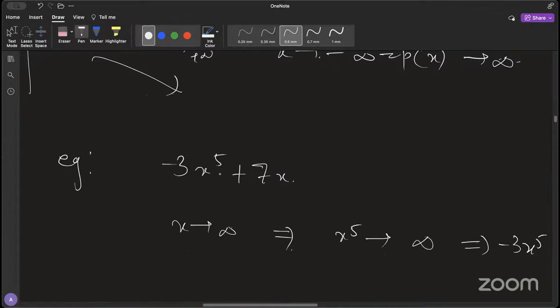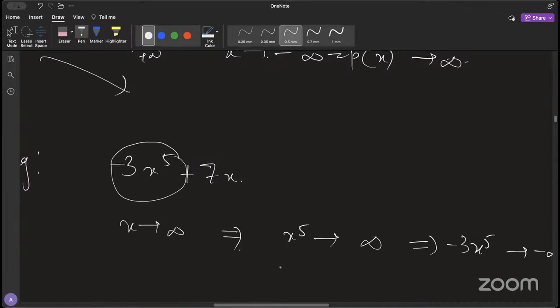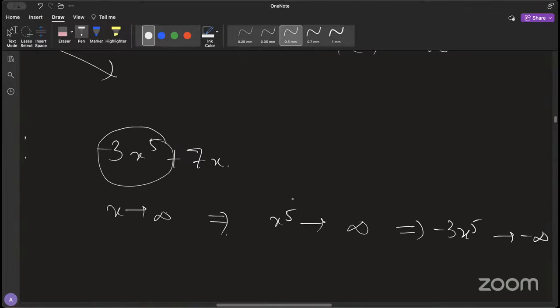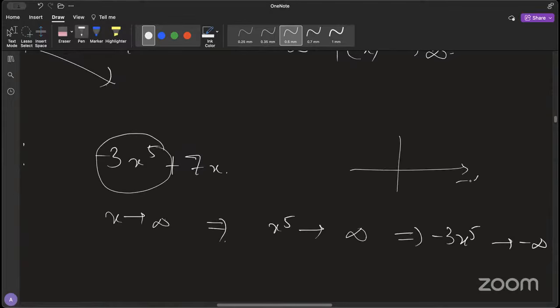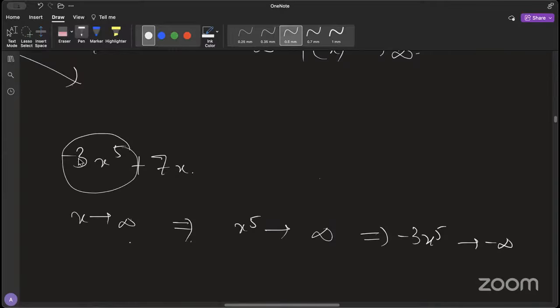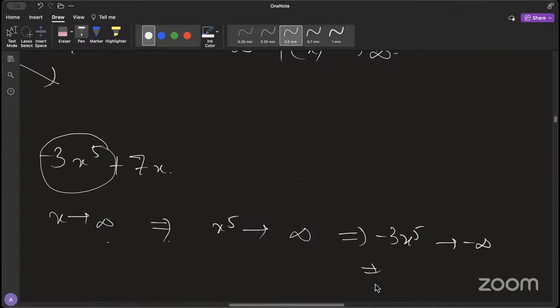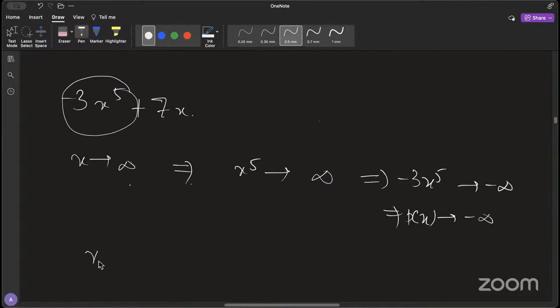And we already discussed that the highest degree term decides the end-term behavior. End-term behavior means this thing: when your x goes to plus infinity, and when your x goes to minus infinity, where does your y go? That's called your end-term behavior, right? So if x is going to infinity, this entire polynomial goes to minus infinity.